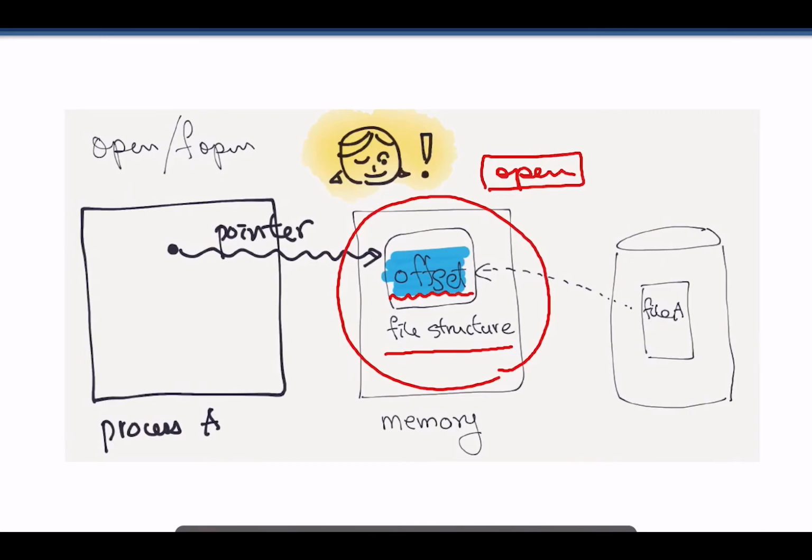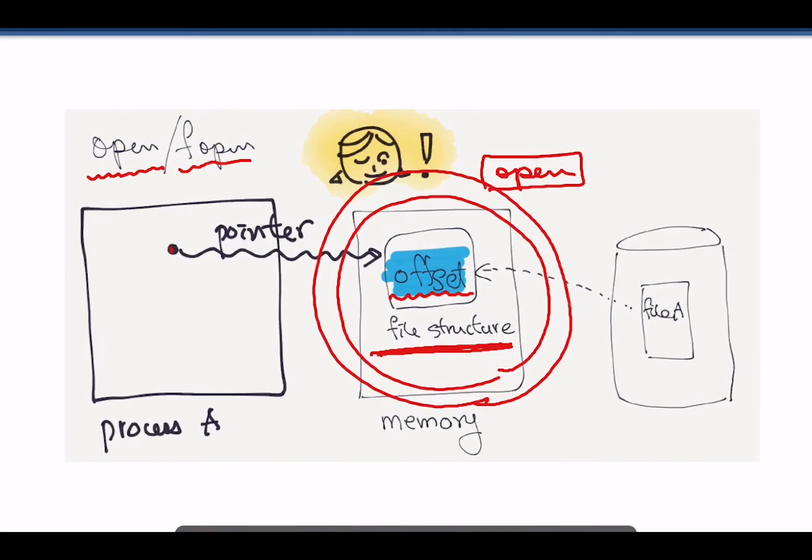The open system call creates a file structure, and this file structure resides in the kernel's address space. When a process calls open or fopen, it first creates a file structure, then creates a pointer, and sets the pointer to point to the just-created file structure.